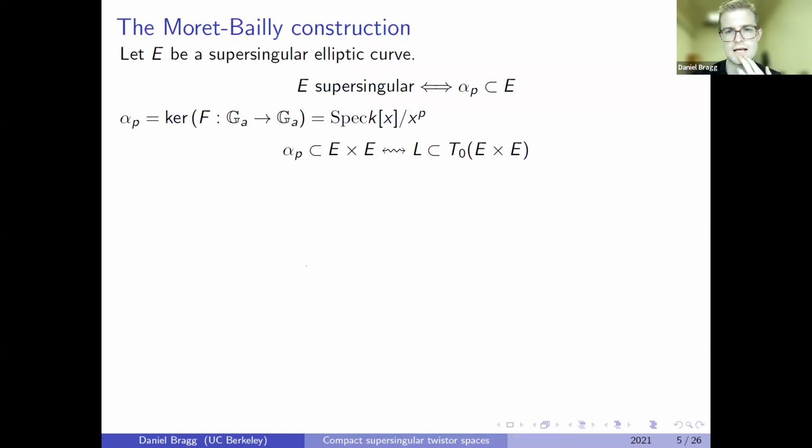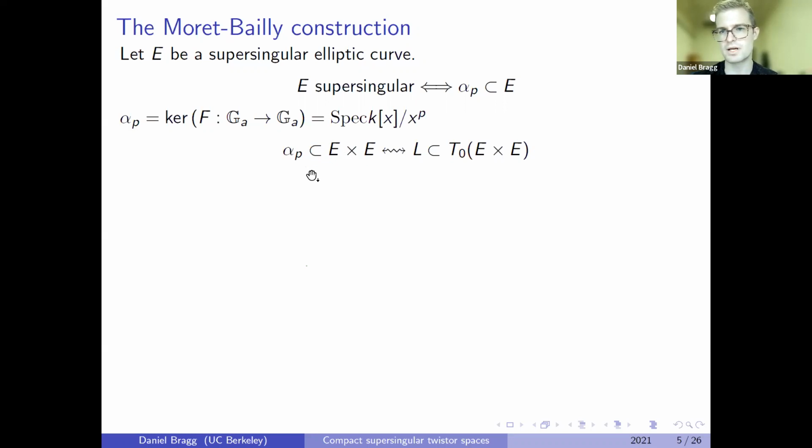Now I want to look at E cross E, and one thing you can show is that there's a bunch of copies of alpha P in E cross E, and they're specified by giving lines in the tangent space to the origin of E cross E. I think you should be able to see one direction immediately.